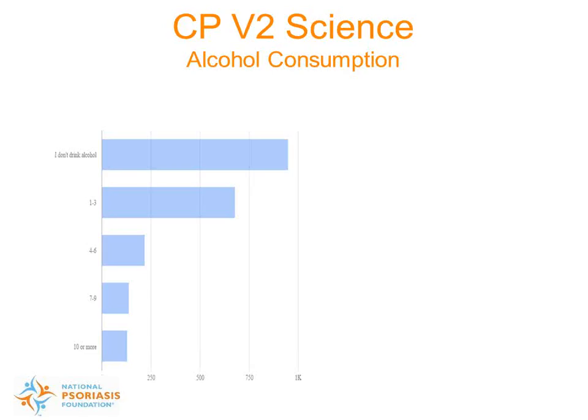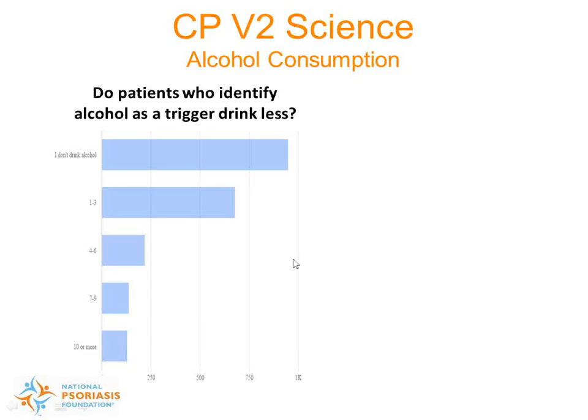Yeah, it's cool. So the final example I have up here is looking at alcohol consumption. You can break down the data by how much alcohol people report drinking: at the top, people who report not drinking any alcohol at all, and at the bottom, 10 or more drinks per week. You ask a question: do patients who identify alcohol as a trigger drink less?